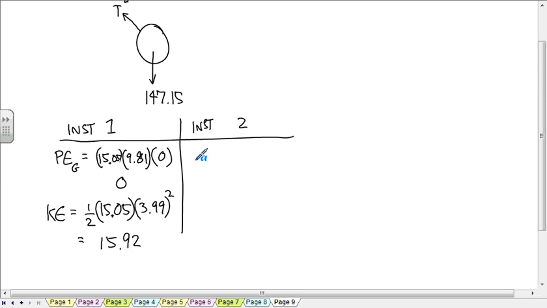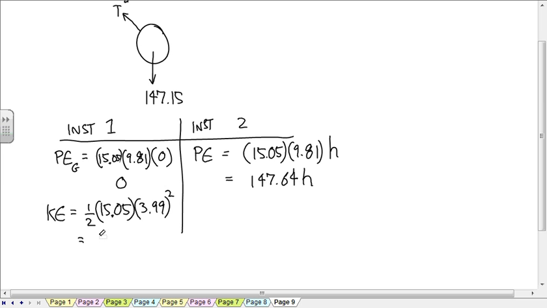And then at instant 2, the potential energy due to gravity is 15.05 times 9.81 times the height that we're trying to calculate. What's 15.05 times 9.81? 147.64.